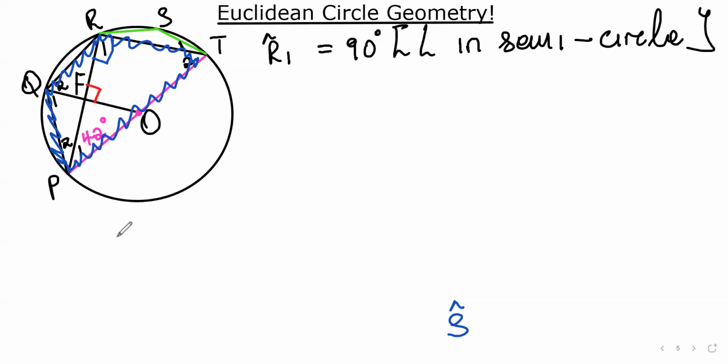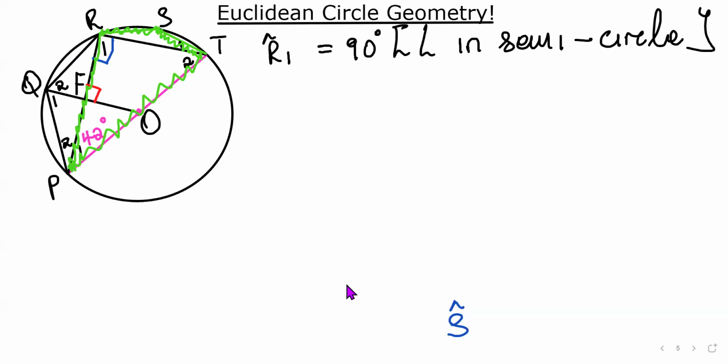But if you only identify that one, then you are really in danger. There is another cyclic quad, which is this one. So please make sure that you identify everything. Before looking at a question, try to get as much as you can from the diagram.